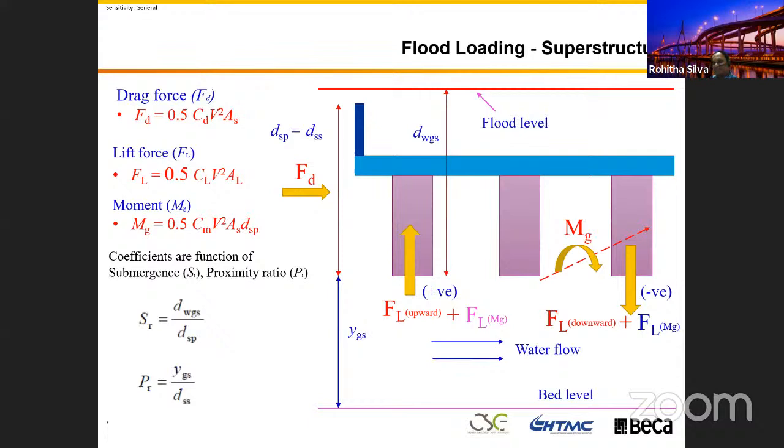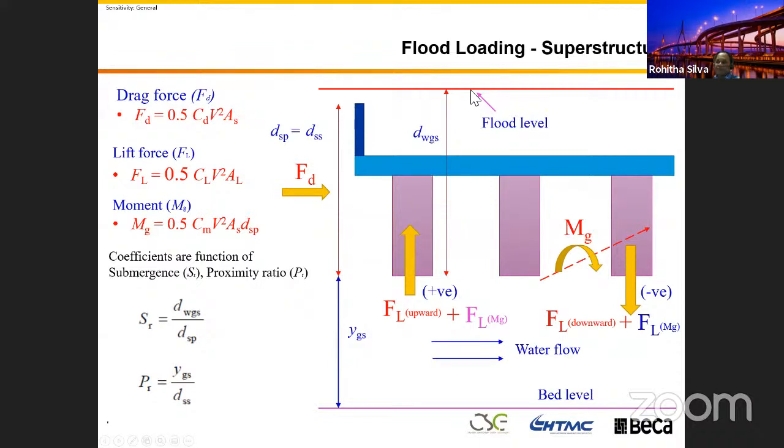These parameters depend on, like you all studied, the Reynolds number and Froude number. I think they are related to that. The numbers depend on the ratio of the depth of the water from the soffit of the superstructure to the flood level, to the total depth of the superstructure.